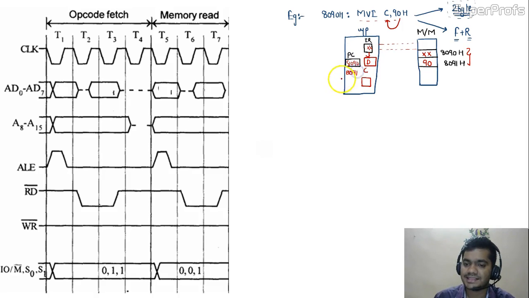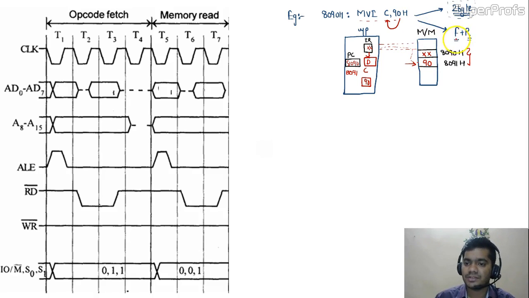After the decoding, the program counter moves automatically to the next memory address. As the microprocessor now knows what operation is to be performed, the content of address 8091 is accessed with the help of the data lines, and it travels and gets stored in this register.